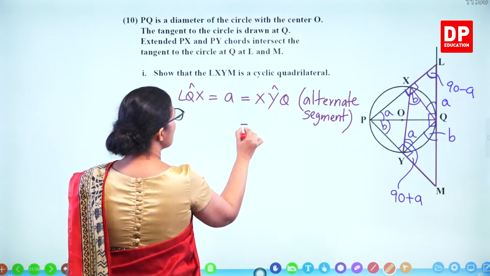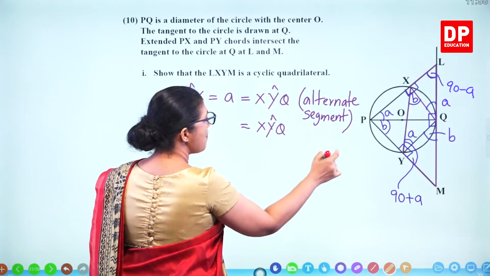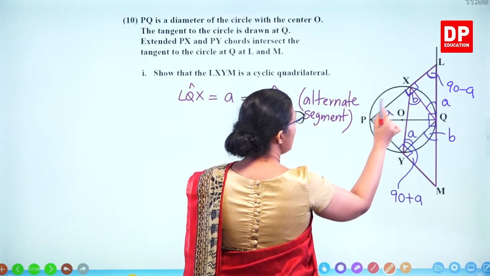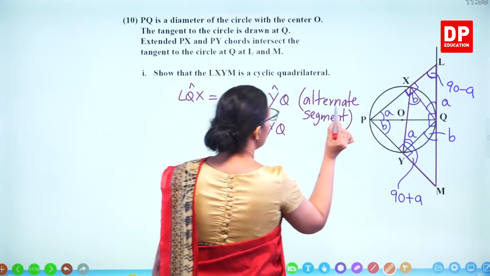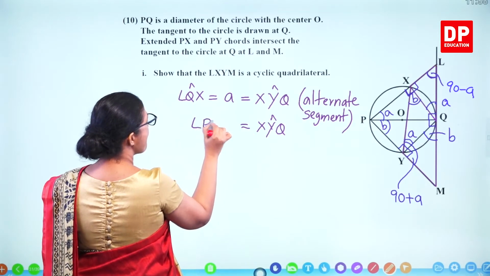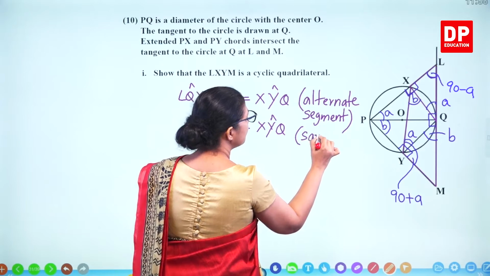Then XYQ angle is the same as LPQ, same segment angles.